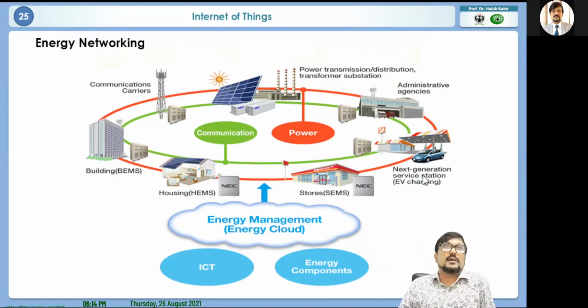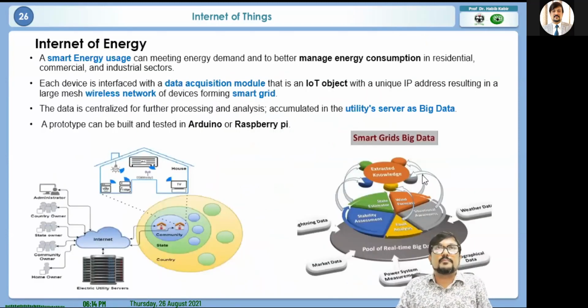Okay, so Internet of Things. The term Internet of Things in smart energy is used to meet energy demand and to better manage electricity consumption in residential, commercial, and industry. That means all sectors. As electrical engineers, we have to manage the energy consumption.